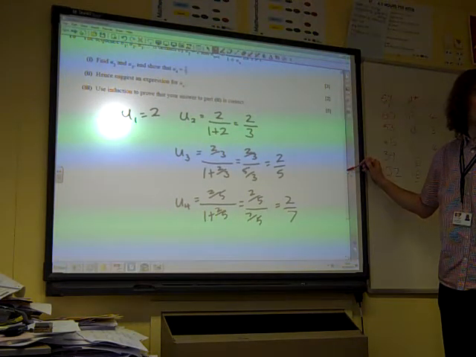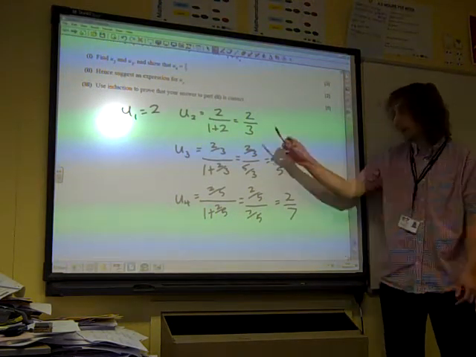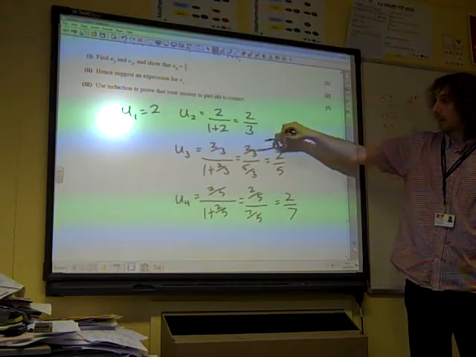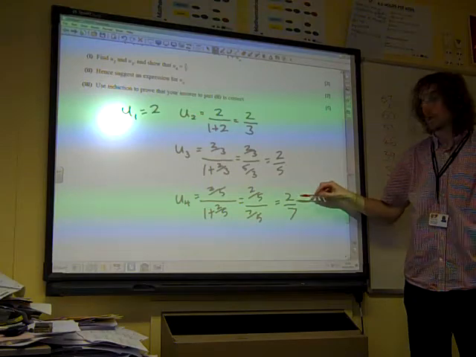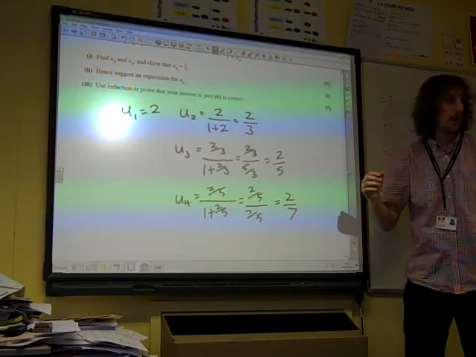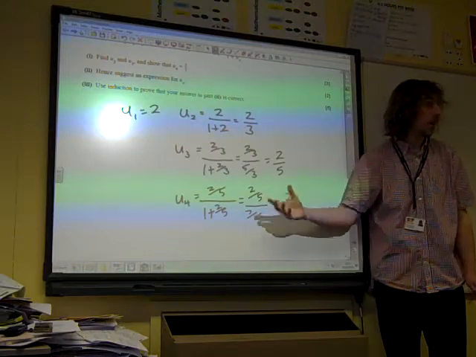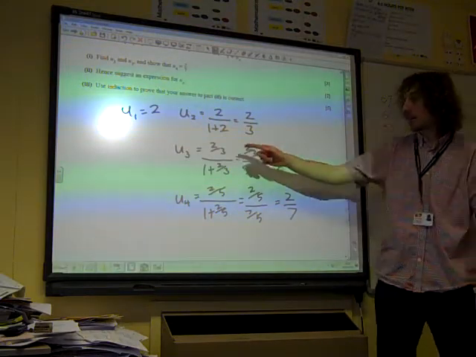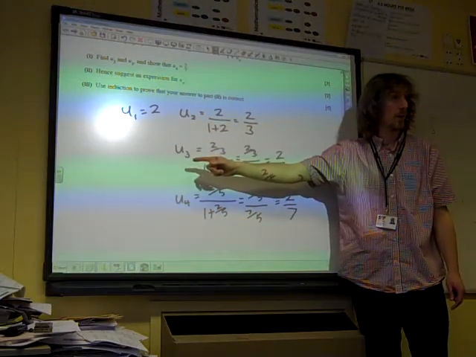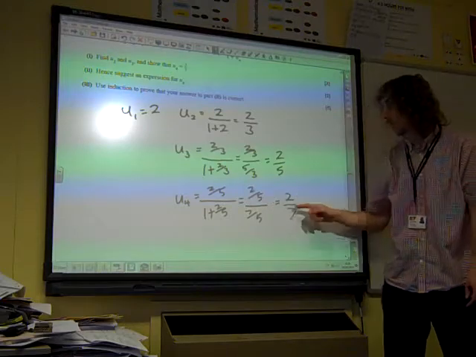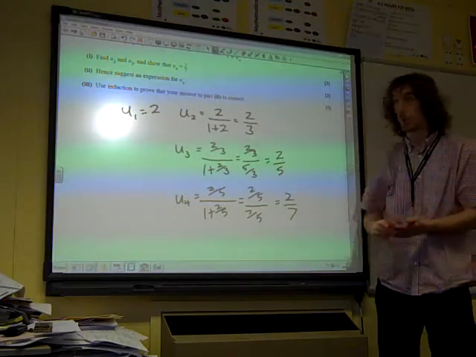Part 2, hence, suggests an expression. We spotted that if U2 was 2 over 3, U3 was 2 over 5, U4 was 2 over 7, we suspect that U5 would be 2 over 9, and so on. It's going up with the odd numbers. So the odd numbers are twice the term number take away 1. 2 3's take 1 gives us 5, 2 4's take 1 gives us 7, 2 2's take 1 gives us 3.